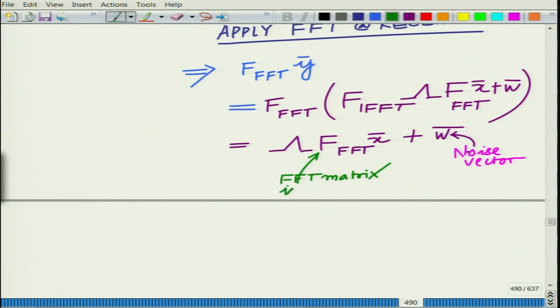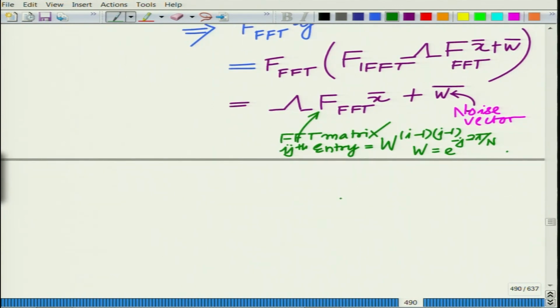Remember, the ijth entry is equal to w raised to the power of (i minus 1)(j minus 1), where w equals e raised to minus j 2 pi over n, and of course, lambda is the diagonal matrix of eigenvalues, which are nothing but the DFT coefficients of the channel taps.